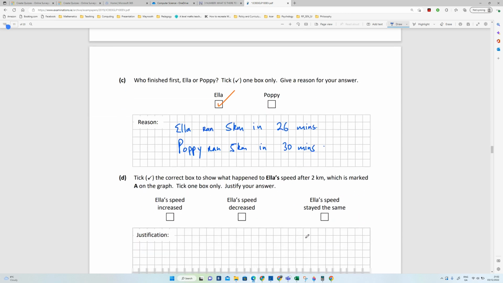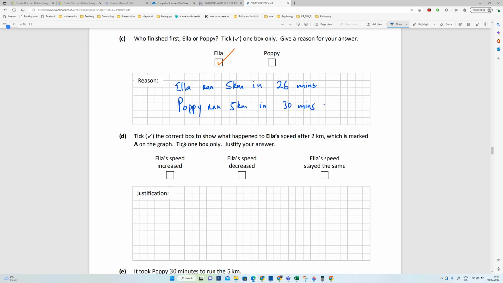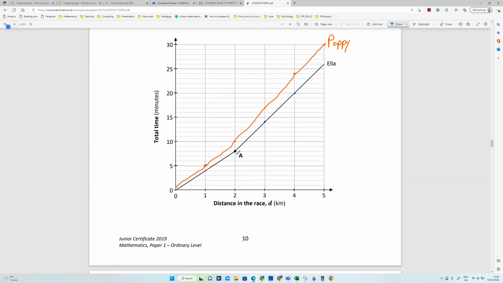And there's a part D. Tick the correct box to show what happened to Ella's speed after 2 kilometers, which is marked A. Something has changed and we need to see whether it got faster or slower. We saw that actually. So the first one, she took 4 minutes to do the first kilometer.